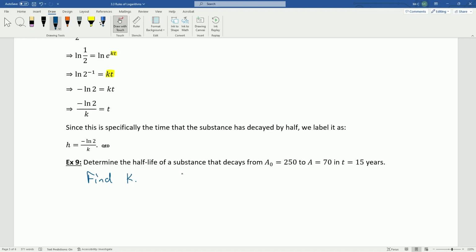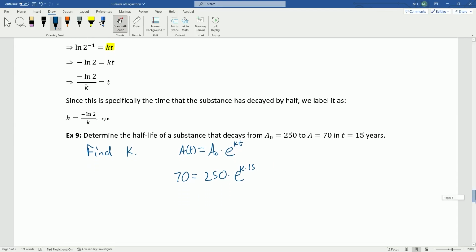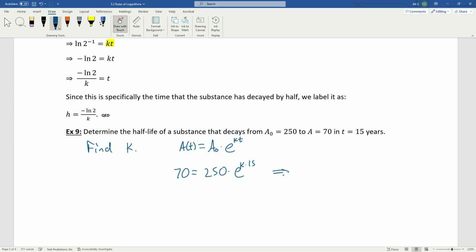So let's go ahead and plug it into our formula and see what happens. A of T equals A0 times E to the KT. So 70 equals 250 times E to the K times 15. And I want to solve for K. That's the first thing I need to do. If I divide by 250, the 10s will cancel and I'll get 7 over 25 equals E to the 15 times K. I just changed the order of the multiplication there.